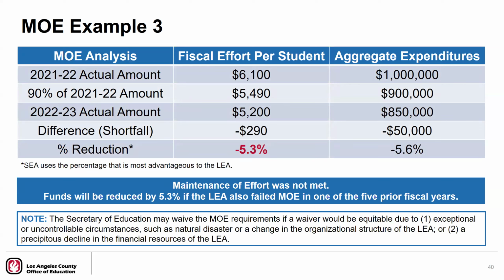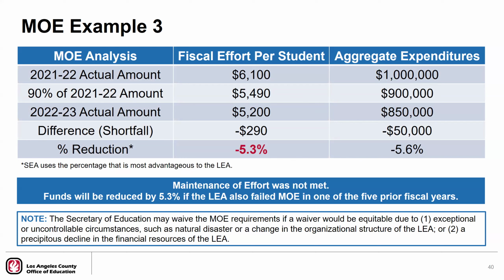In this last example, again, the LEA needed to spend $5,490 per student during fiscal year 2022-23 to meet the 90% level, but only spent $5,200 per student. That means the LEA failed to maintain effort by $290 or 5.3% on a per student basis.